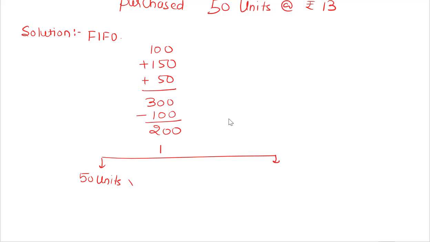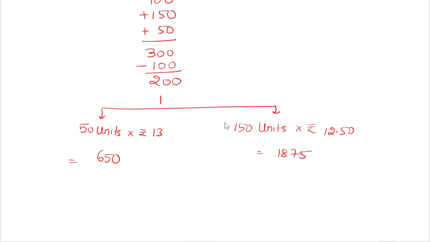50 units at the rate 13 rupees is 650, and 150 units at the rate 12.5 is 1875.